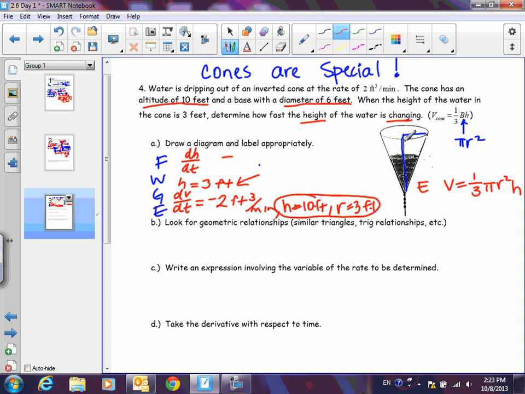All right, so the altitude of this cone was 10 feet, and the radius was 3, but later on, the height of the water in the cone is going to be 3. What can you tell me?